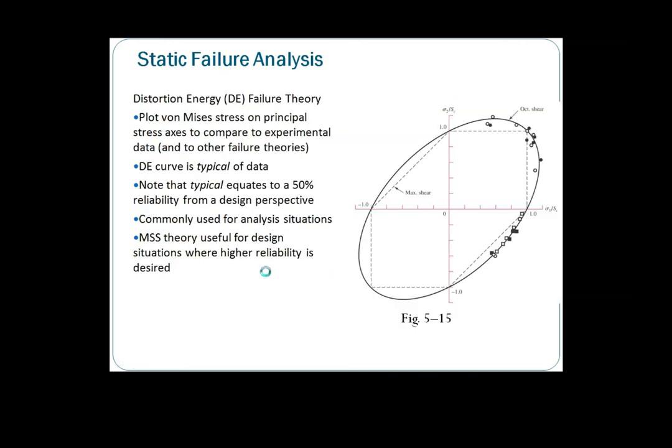If you plot this particular curve, comparing back to the experimental data, you can see that a lot of the actual failure data fall along our distortion energy line. Meaning that in terms of failure predictions, distortion energy is closer to our actual failure data.